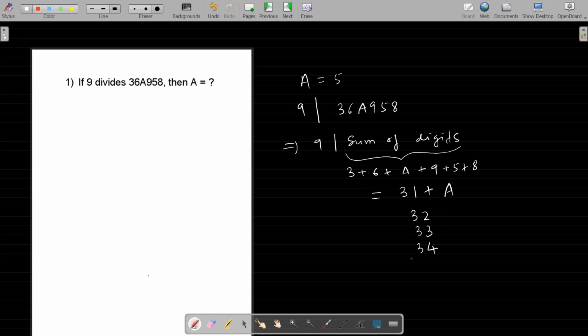If A is 4, the sum will be 35. If A is 5, the sum will be 36, and we know 9 divides 36. So A must be 5, right? Yes, sir. Everyone agrees? Shall we go ahead? So A is 5, the answer is 5.